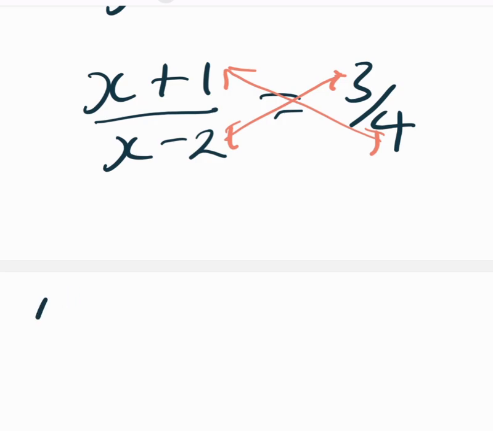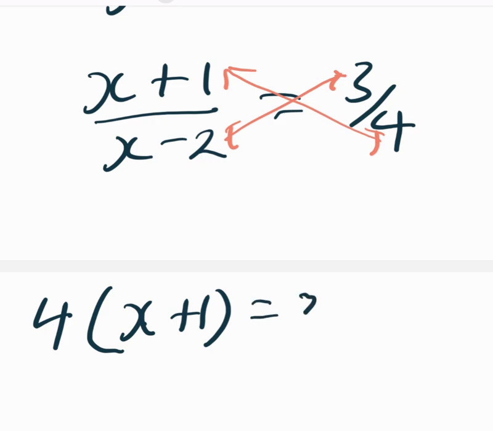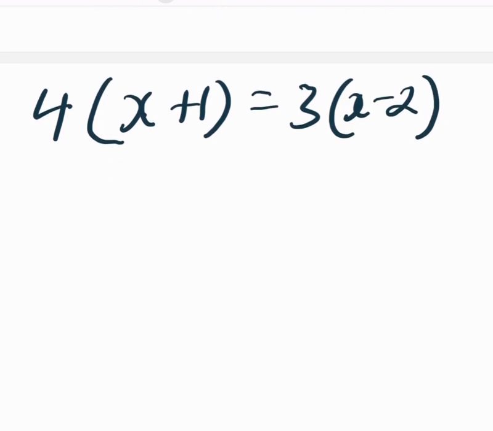I'm going to have 4, open a bracket, you have x plus 1, close a bracket, equals 3, open a bracket, you have x minus 2, close the bracket, right? So we'll proceed right here.